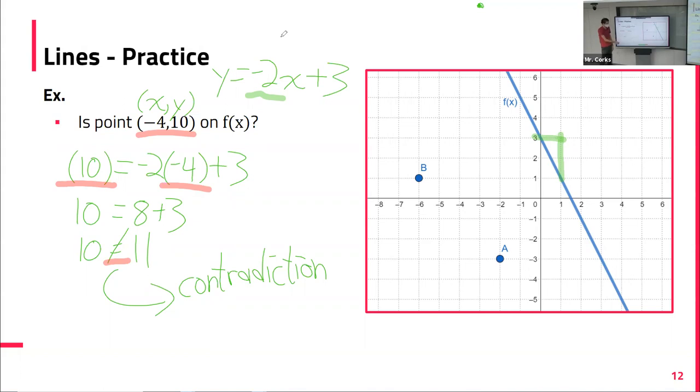Something doesn't work out. That's the contradiction. The earlier assumption is false, so it's not on the line. So that's the logic behind what's happening here. That's why the not equals here actually means, no, it's not on the line. So if we want to test, just substitute your points into the equation and see if both sides are still equal.